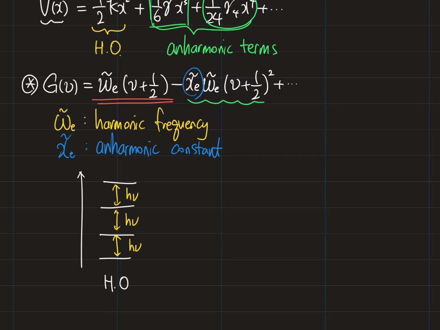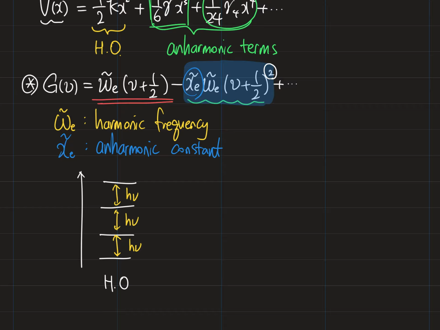But what about the anharmonic oscillator? As you can see here, the second term in the energy expression, this anharmonic contribution, increases quadratically with the vibrational energy levels, right?